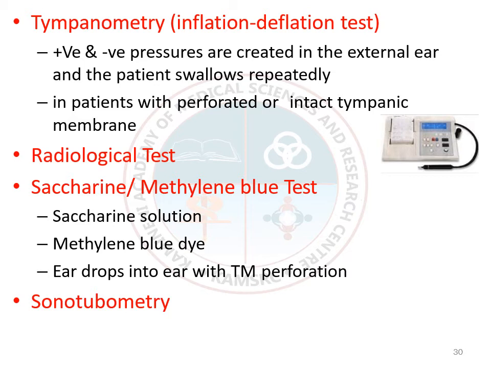And radiologically you can test with CT and MRI, and a saccharin methylene blue test is there. Here the saccharin solution is given in the middle ear through a pre-existing perforation, or with a small syringe you can push it into the middle ear, and after a particular time the middle ear mucosa will throw that saccharin or methylene blue to the nasopharynx, to the pharynx.